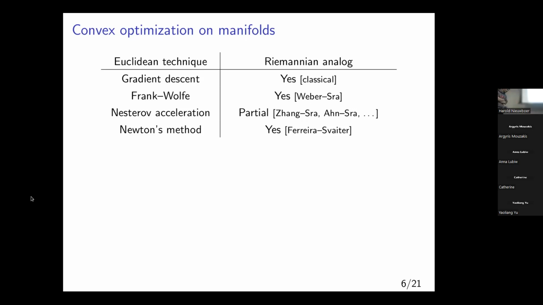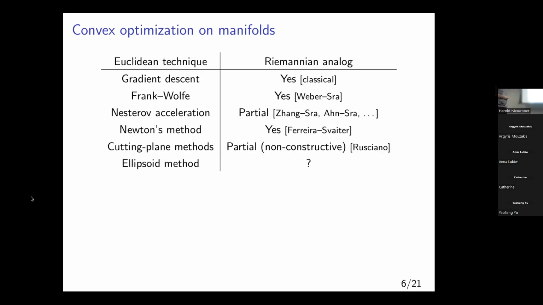In the Riemannian setting, life is a little bit more difficult. There are some geometric obstructions to getting global acceleration. But local acceleration, when you're close enough to the minimizer, is actually still a thing. The next is Newton's method, which is also a classical thing. People know how to analyze this. So these methods are all reasonably good.